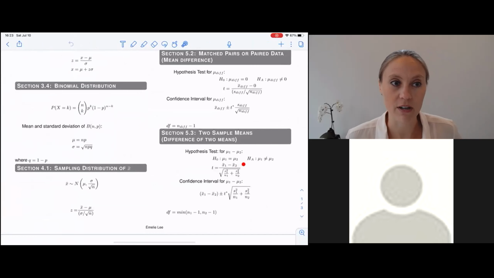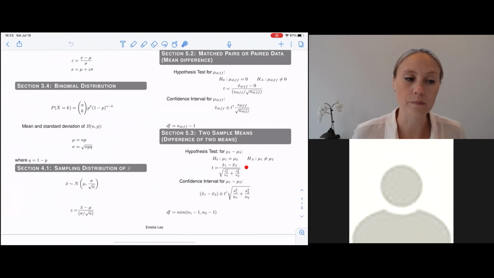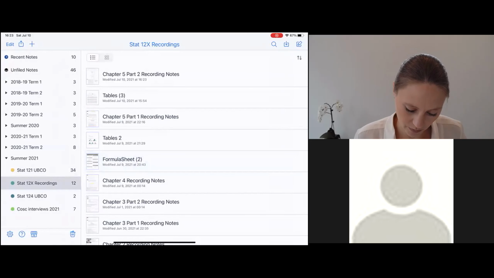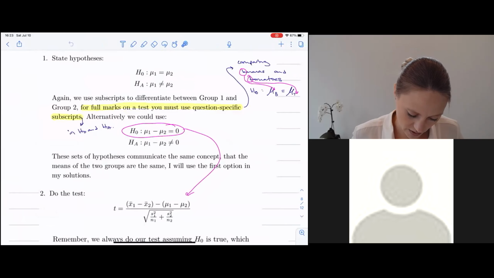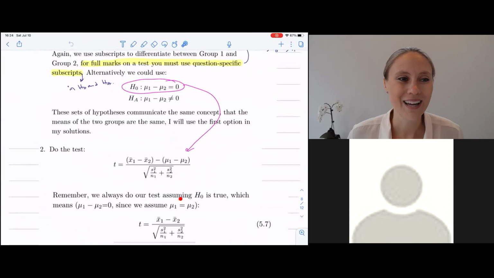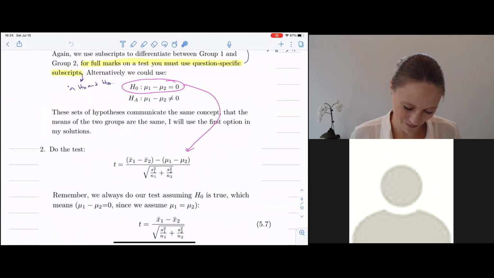Yeah, so I don't even have the minus mu1 minus mu2 on here. So that's fine because it's always going to be 0, right? And so, I guess I should read ahead. Or maybe I did and it was kind of subconsciously triggered.